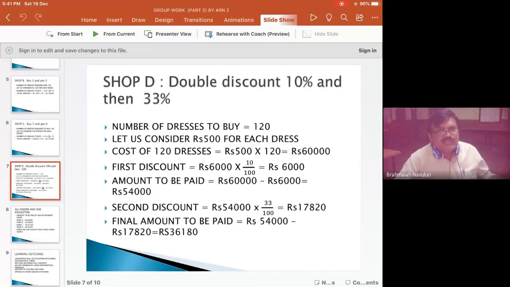And shop D, double discount, people get confused by seeing this. 10 plus 33%, they will think that they are getting a 43% discount. So how will the shopkeeper calculate? First, he will find the MRP, 60,000, then subtract the 10% discount, 54,000. On that, again, he will take a 33% discount. So we will get 36,180 rupees.